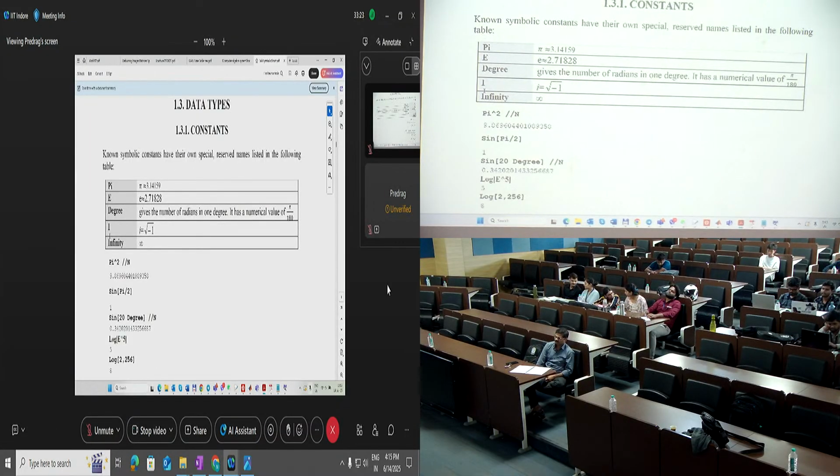Which data types are available in Mathematica? First, we can speak about constants. We already used Pi. Then the exponent function, degree, complex unit capital I, infinity.